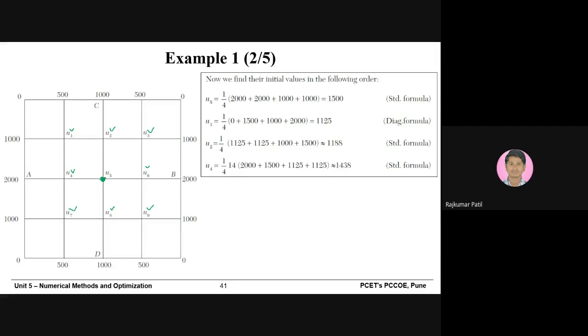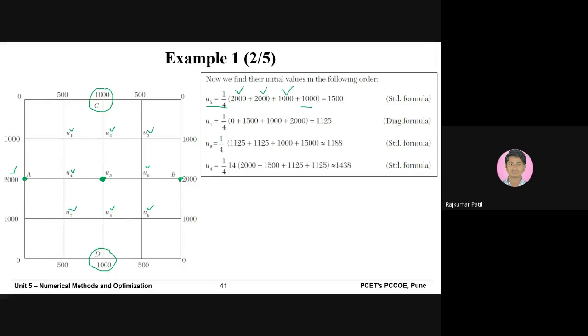So you will go to the larger block and you will use the point whose value is 2000. So here you can see u5 is equal to 1 by 4, 2000 plus 2000, then 1000 plus 1000.